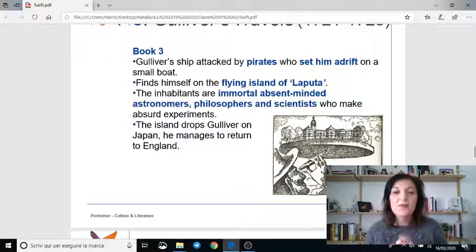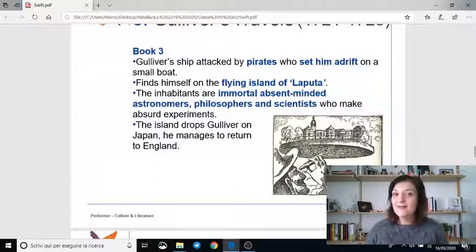The most important, maybe the one which really strikes our imagination, and also the one in which the satire is really clear, is the flying island of Laputa.